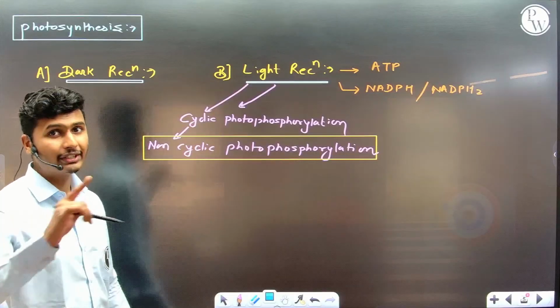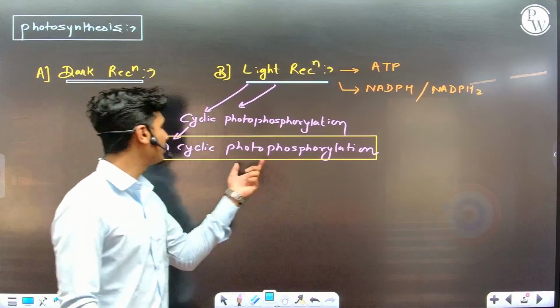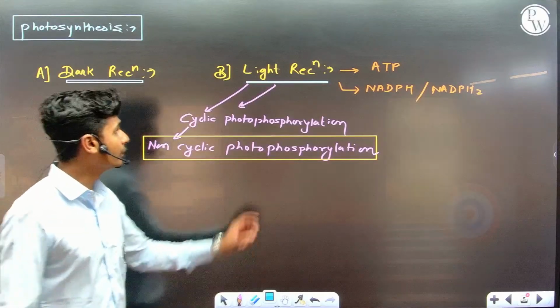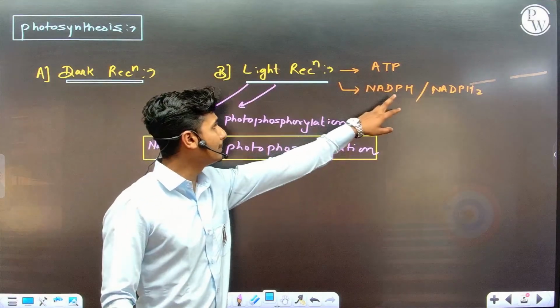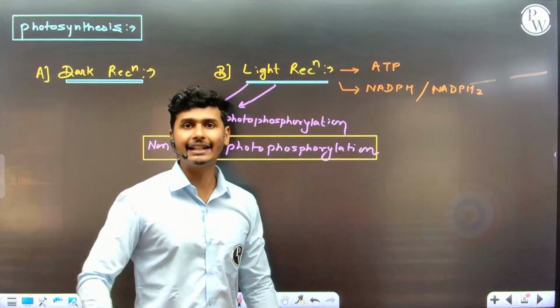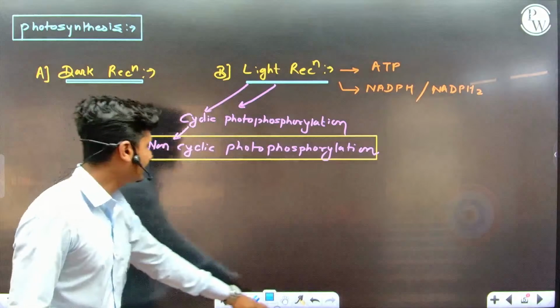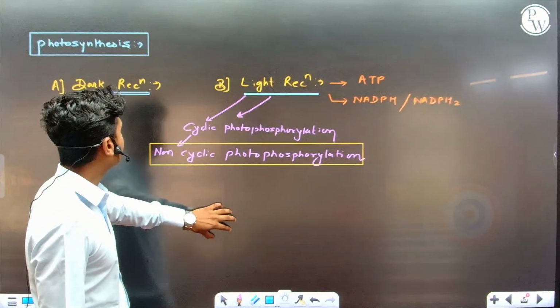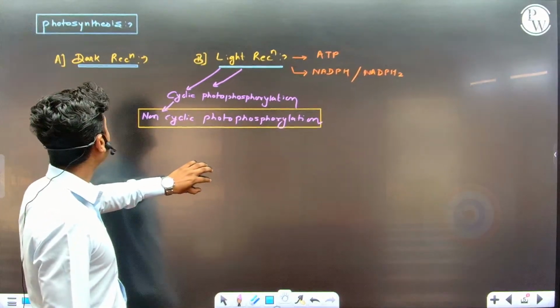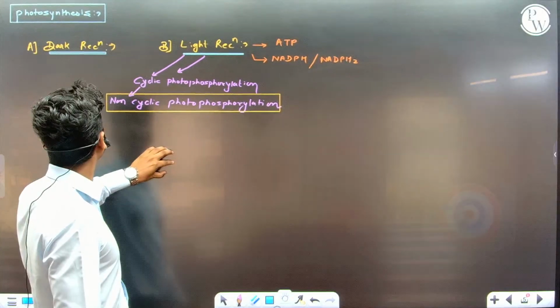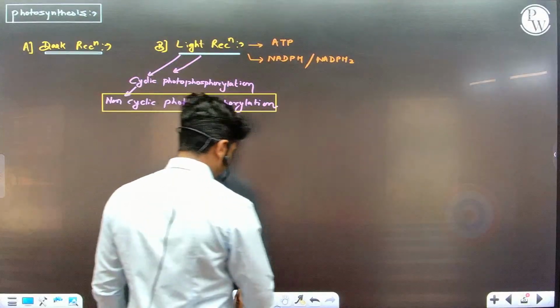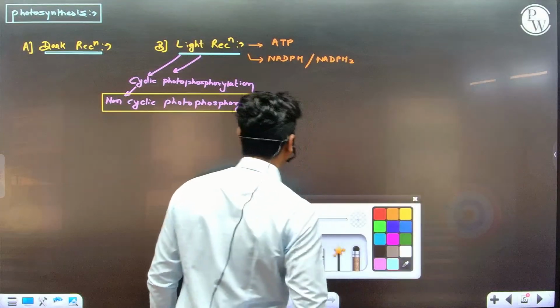And what is going to be produced after non-cyclic photophosphorylation? Two molecules: one molecule is ATP and another molecule is NADPH2. And how exactly it is carried out, let's see in detail. Now I am making this screen a little bit suitable for non-cyclic photophosphorylation.